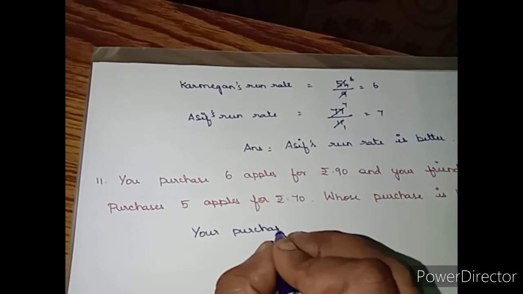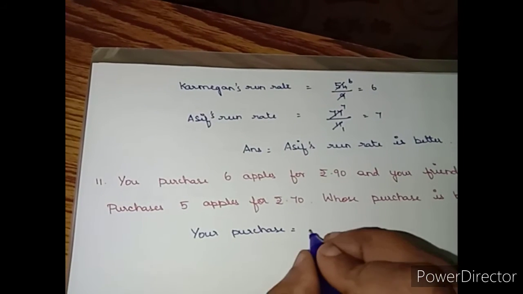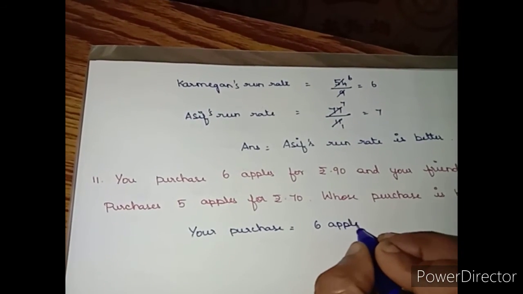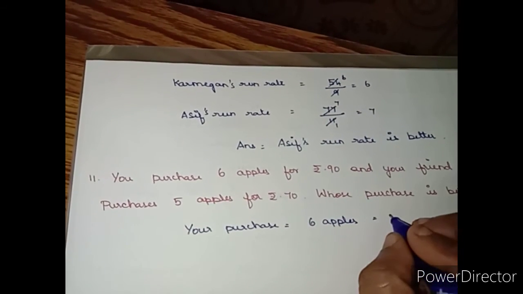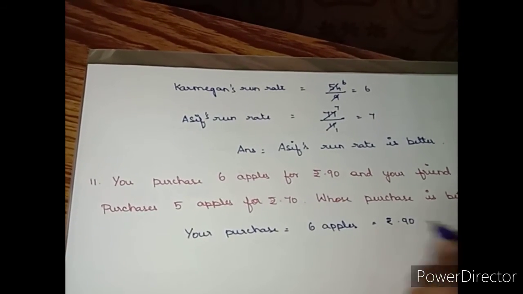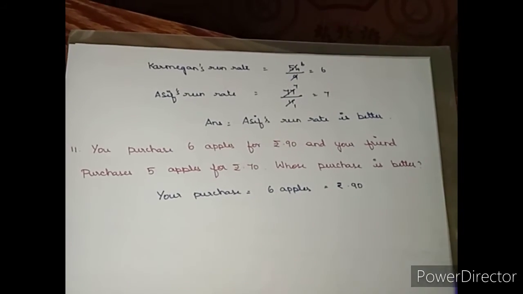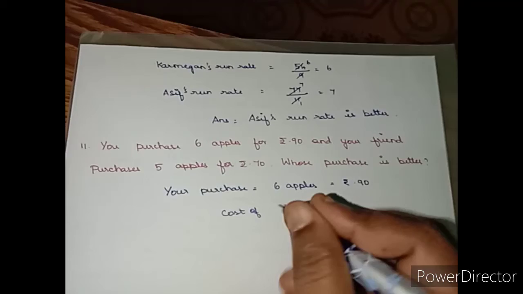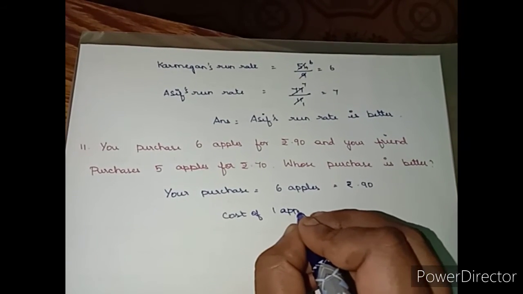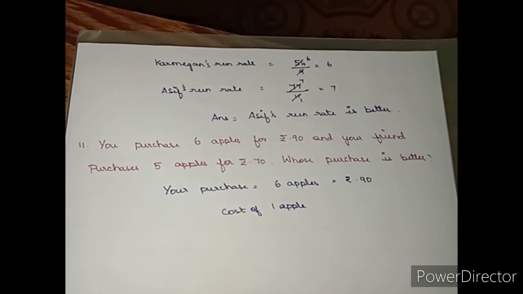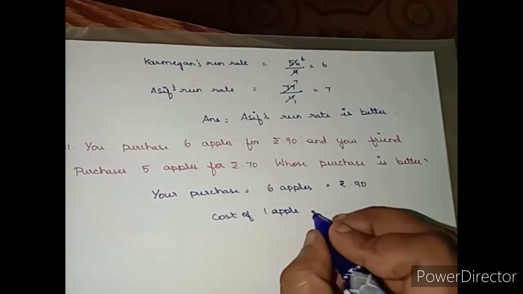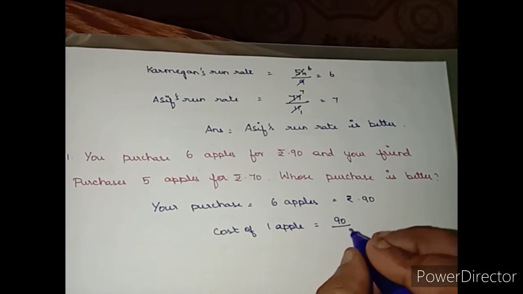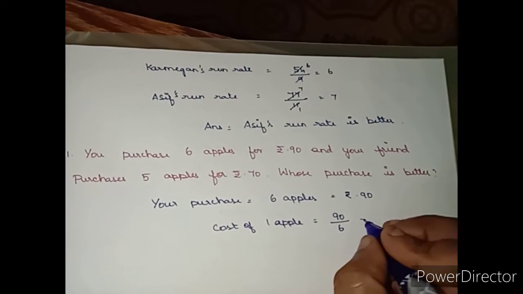Your purchase is 6 apples, rupees 90. So we should find the cost of 1 apple. If you find it for both, we can find who has purchased better. So 90 rupees divided by 6 apples.